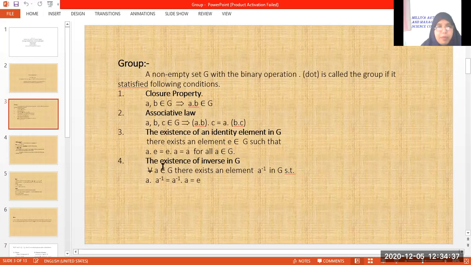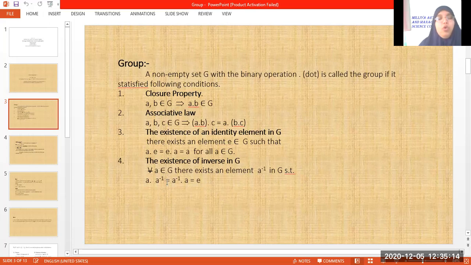Next, the fourth property is the existence of inverse in G. For every A belonging to G, there exists an element A inverse in G such that A dot A inverse is equal to A inverse dot A is equal to E. An example in addition: if there exists element 2, then 2 plus minus 2 is equal to identity.